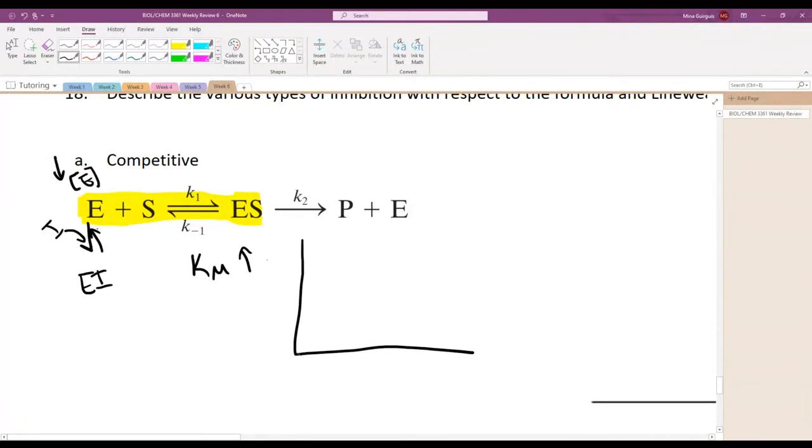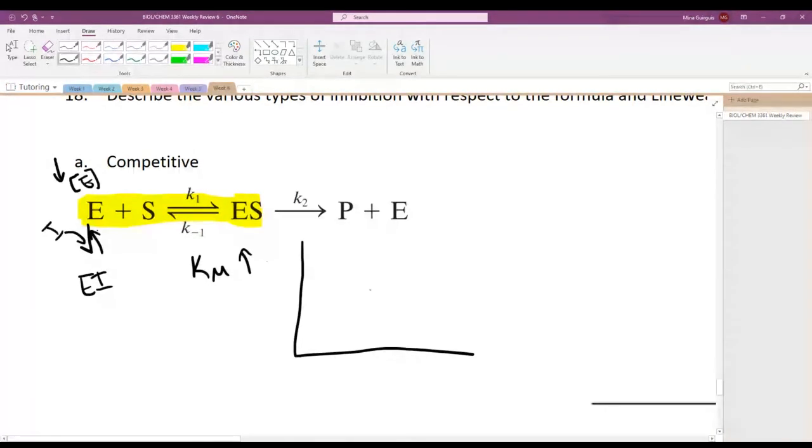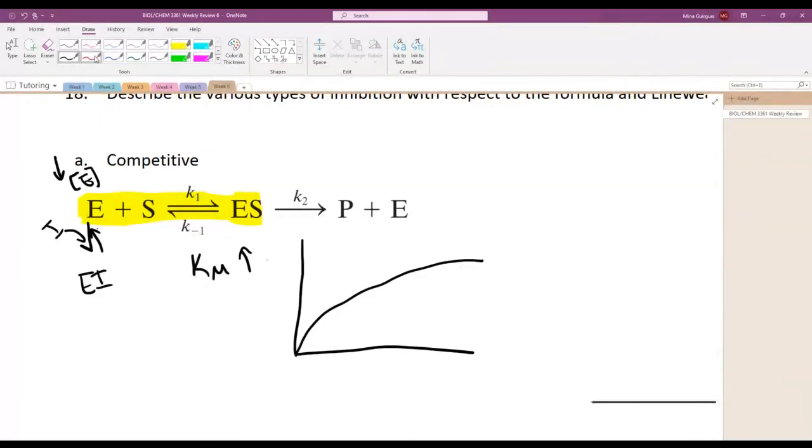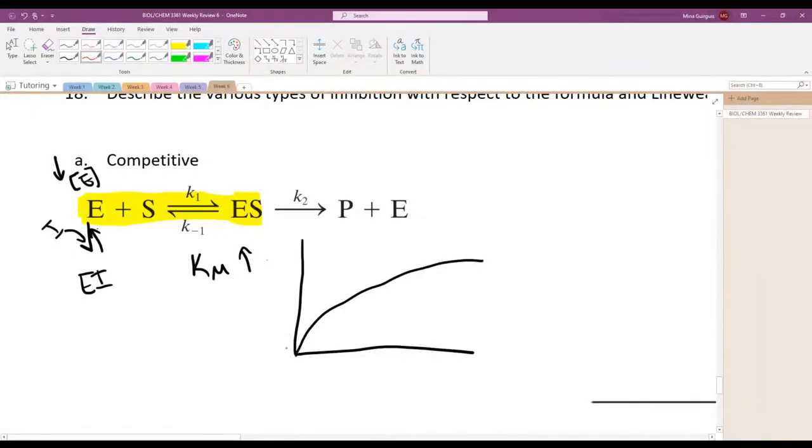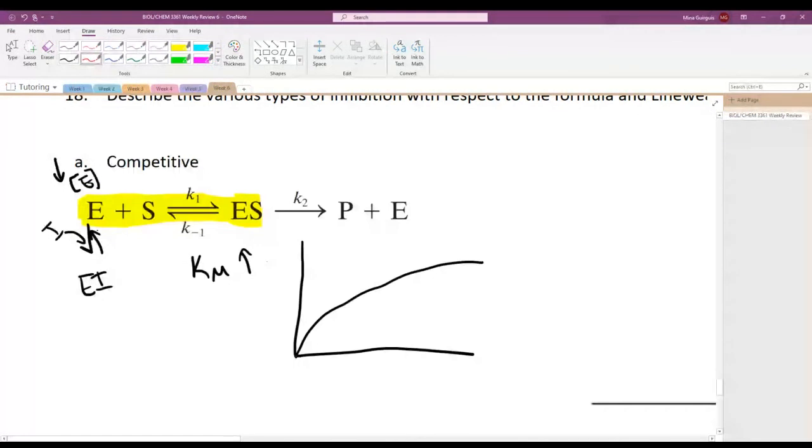So this was our generic Michaelis-Menten graph, okay? So when I have low substrate concentrations, yes, Km does increase. Thank you, I apologize. So when I have low substrate concentrations, well, my enzyme substrate complex is going to be binding a lot. And in fact, it's going to keep binding. But what if I have a substrate concentration that's like 10 times my enzyme concentration and 10 times my inhibitor concentration?